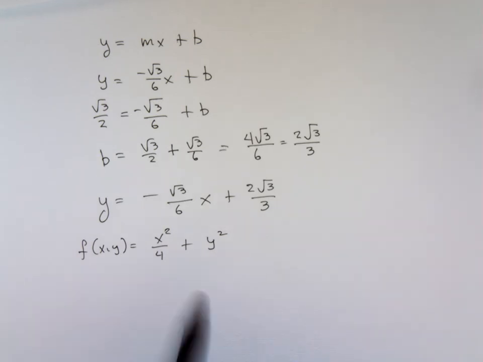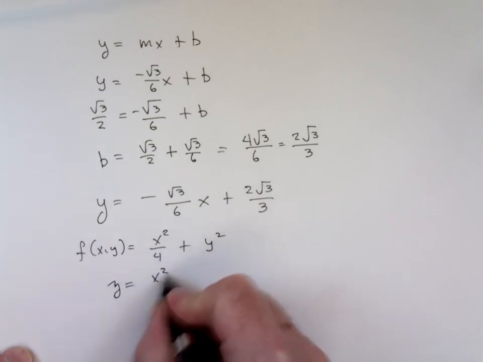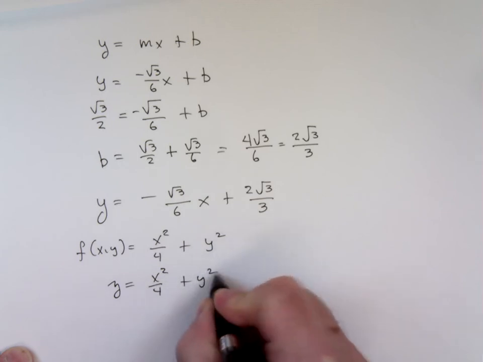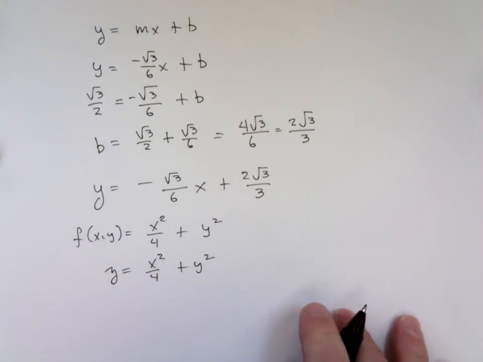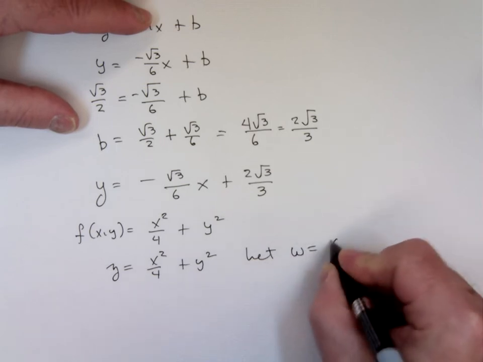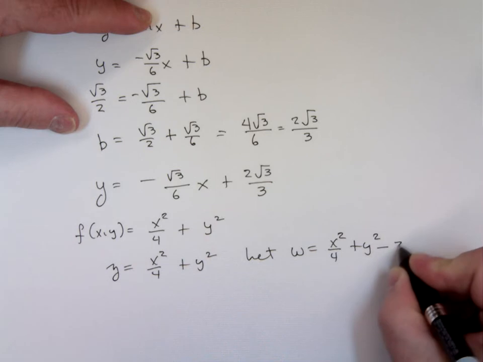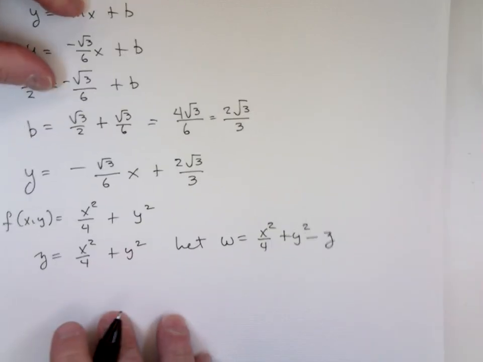So what we're going to do is this. We're going to say, okay, let this be z equals x squared over 4 plus y squared. And now what I'm going to do is let w equal x squared over 4 plus y squared minus z equals 0.